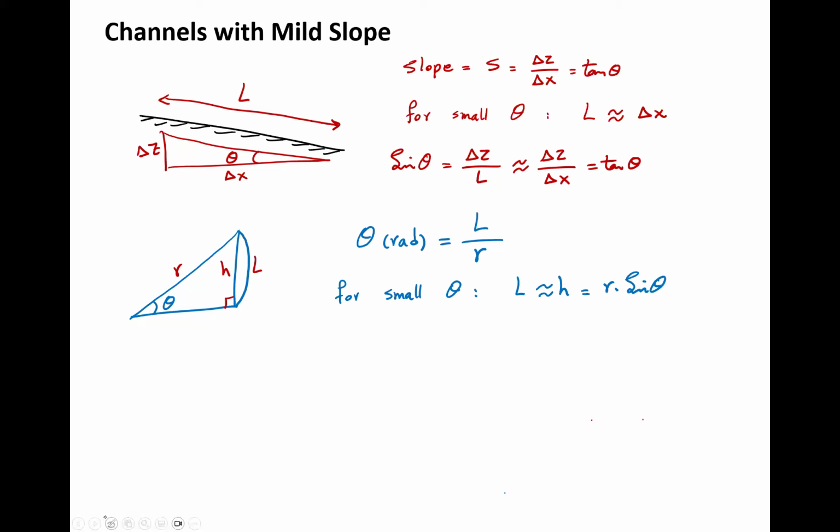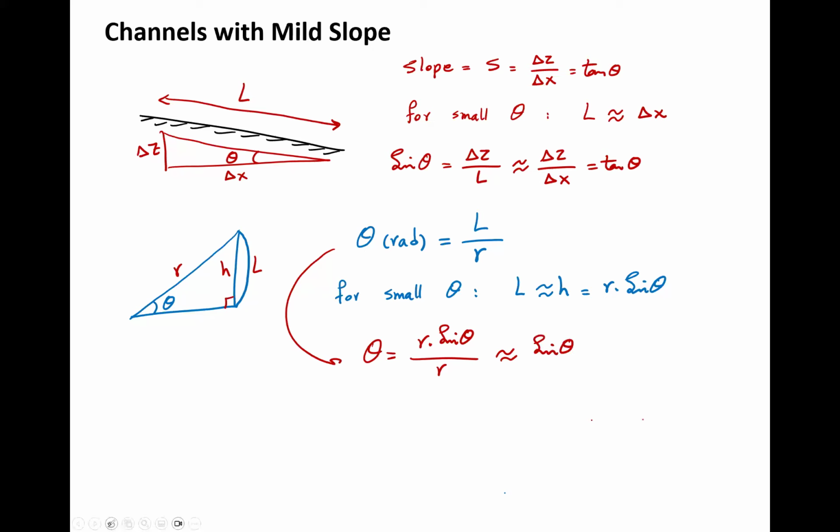Okay, so let's do a little bit of calculus here. Let's plug it back into the equation above. So theta will be equal to L, which is almost equal to R sine theta divided by R. That's the definition of theta in radians. And this will be almost equal to sine theta because R will cancel out.